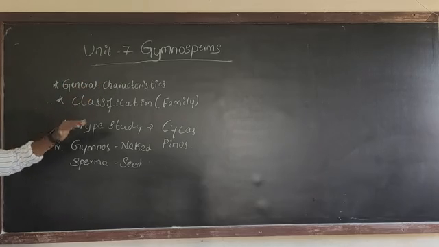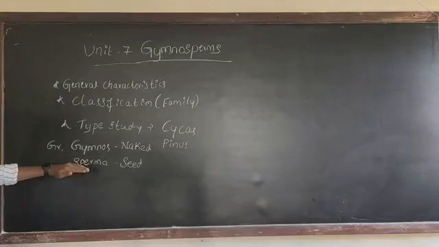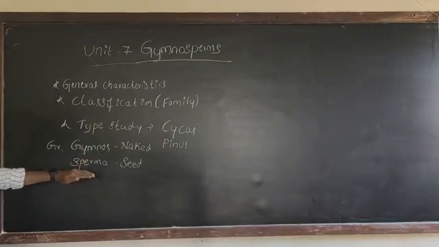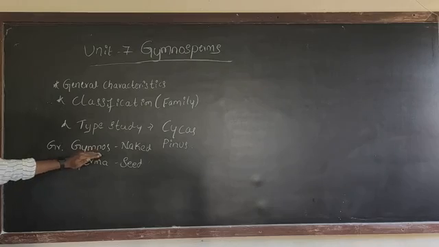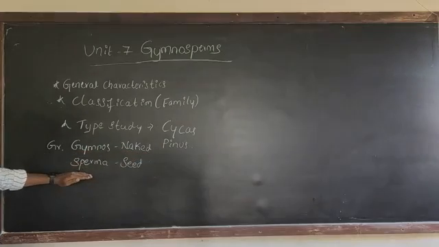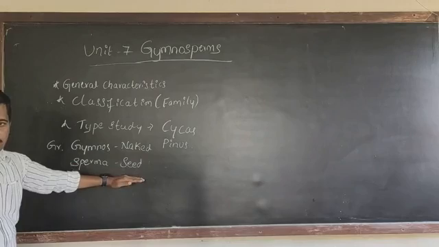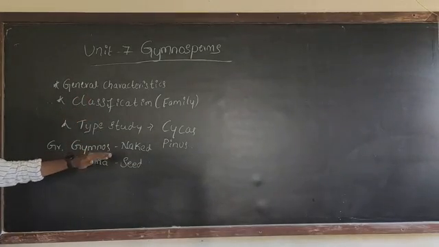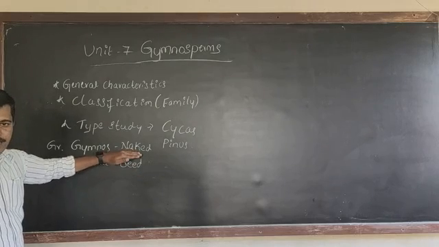If you split the word gymnosperms, it splits into two words, that is gymnos and sperma. Gymnos means naked and sperma means seed. So these gymnosperms are commonly known as naked seeded plants.